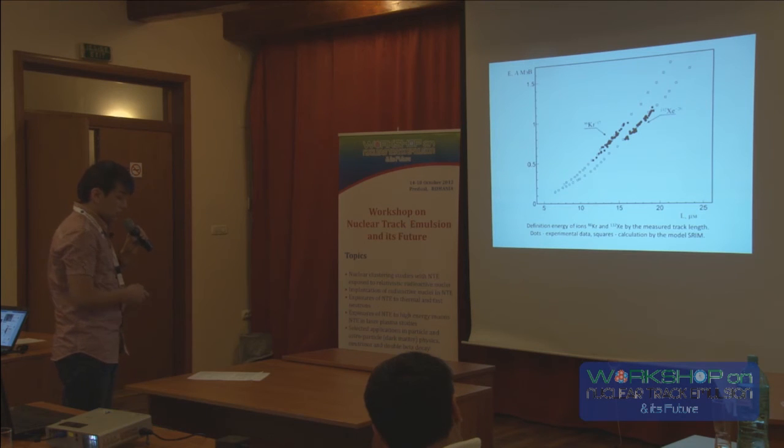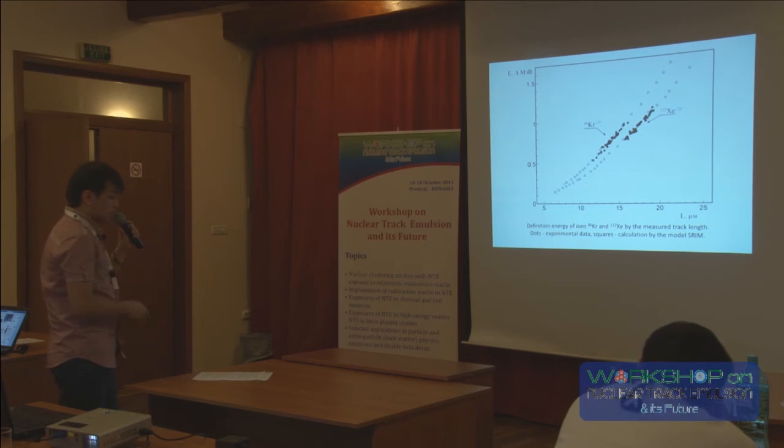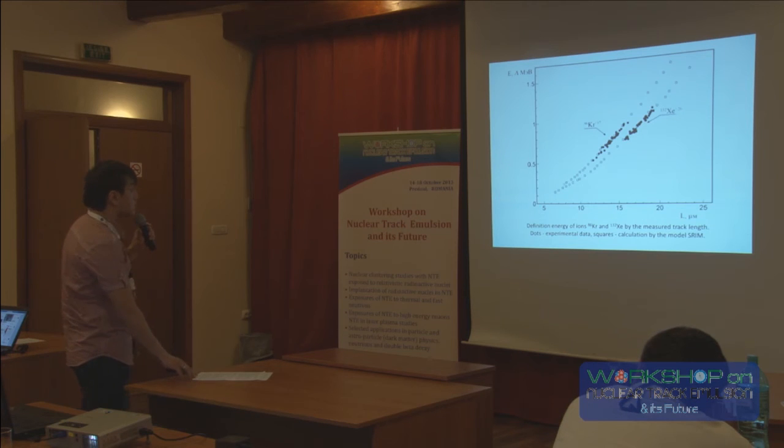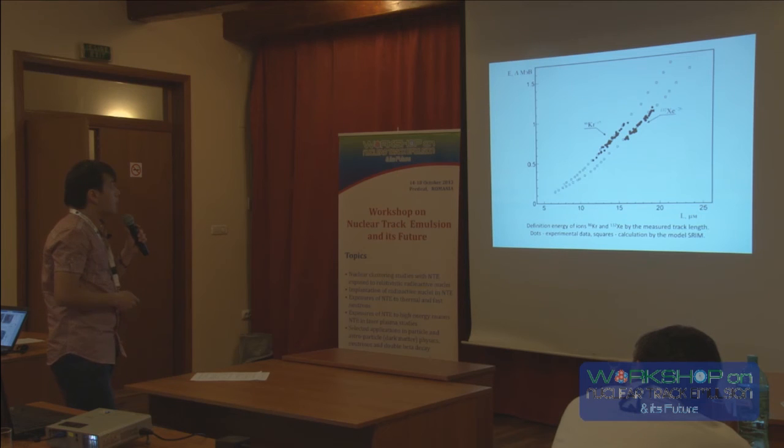The slide presents an energy distribution of ions, obtained on the basis of spline interpolation, calculating range and energy by the SRIM model. Their average values after correction of the shrinkage ratio amounted to about 0.7 MeV per nucleon for krypton and 0.9 MeV per nucleon for xenon.